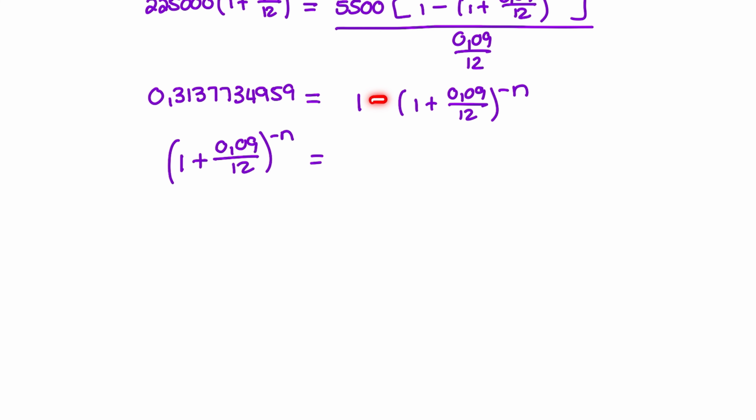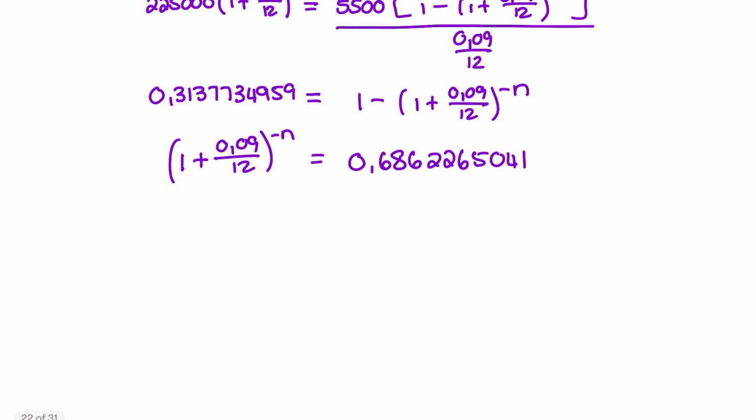Notice it was negative on the right-hand side, but on the left it will be positive. And now it's 1 minus 0.31, which leads to 0.686. And again, I'm keeping all the decimal places up until my final solution.